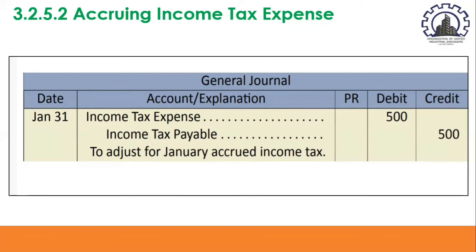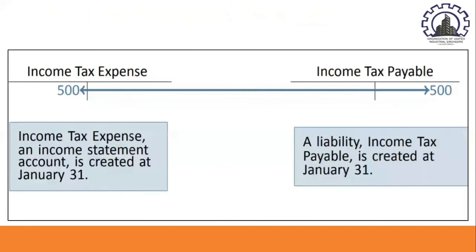For simplicity, assume that Big Dog Car Works Corporation's income tax due for January 2015 is $500. So the adjusting entry at January 31st would be this one. Okay, this is how our journal entry would look like. When the adjusting entry is posted, the T account appears as follows.